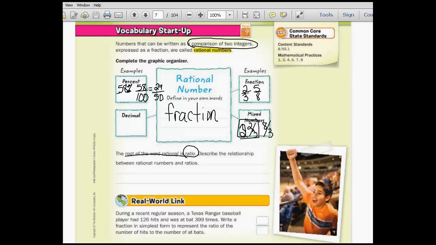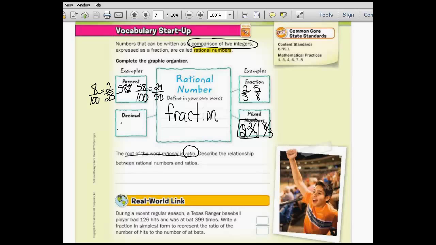Any percent can be written as a fraction. So 8%, 8 over 100, reduce by 4, which gives me 2/25. Any percent would work.